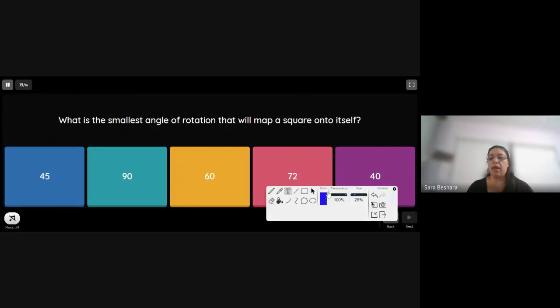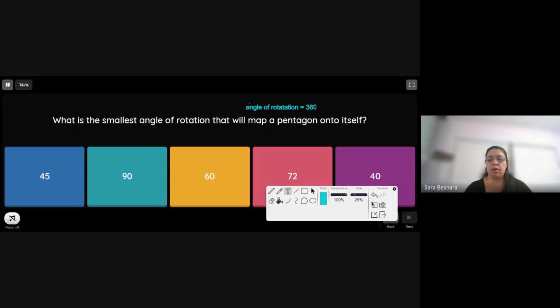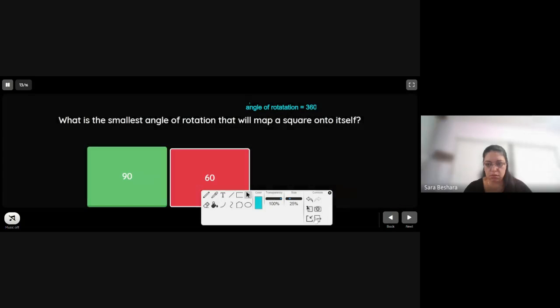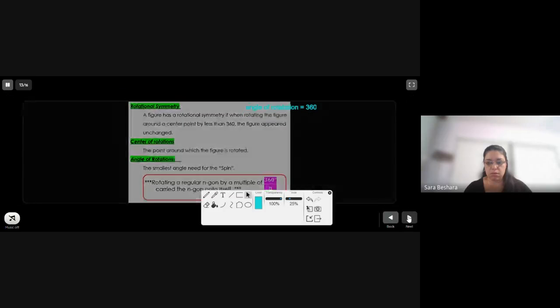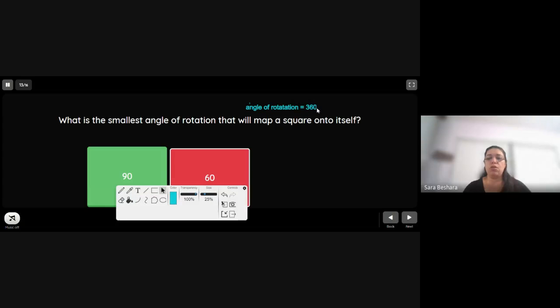Let me remind you, the angle of rotation is found using the formula: angle of rotation is equal to 360 divided by n.